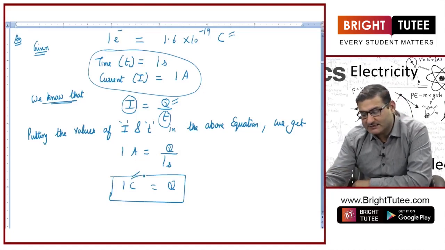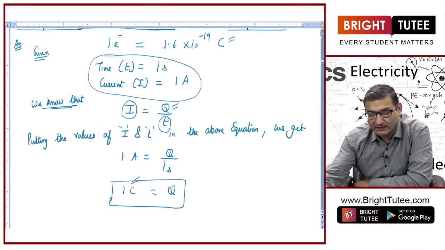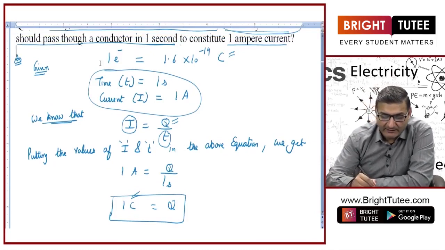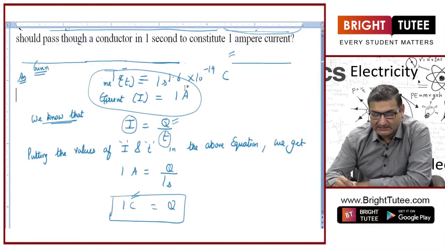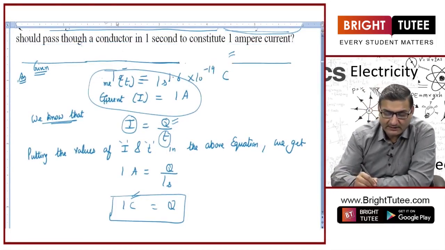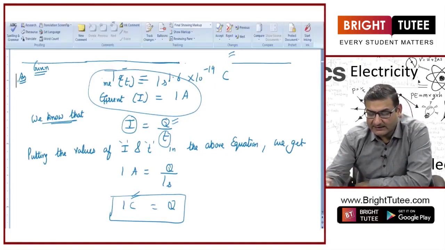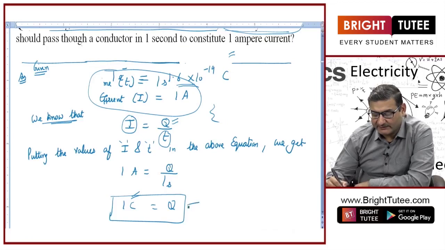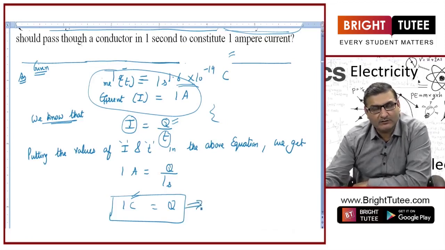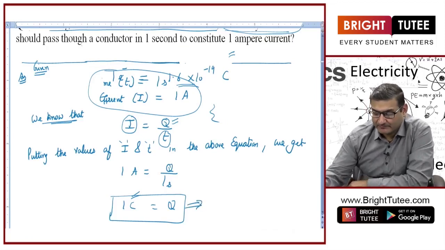Now it comes the same as we have done above, that if one electron has this much charge, then how many electrons will collectively combine to form 1 coulomb? Same unitary method, right?